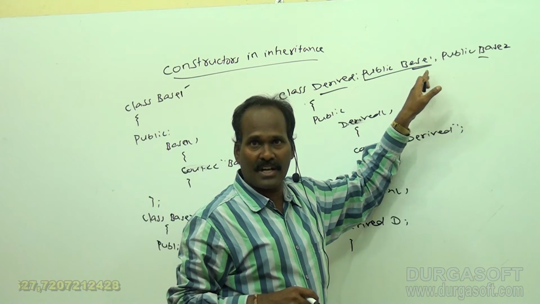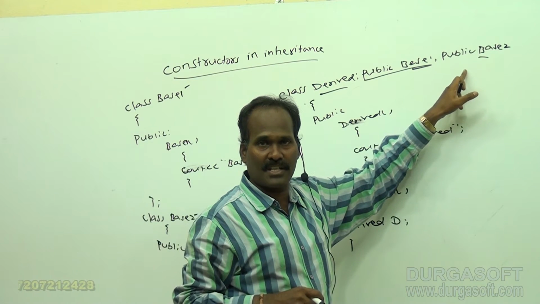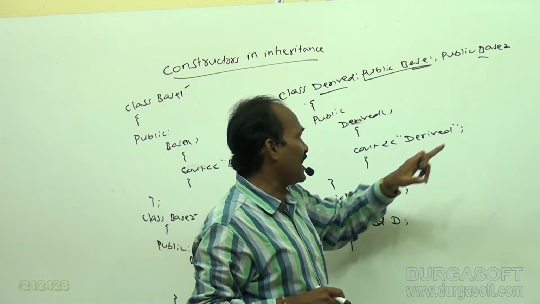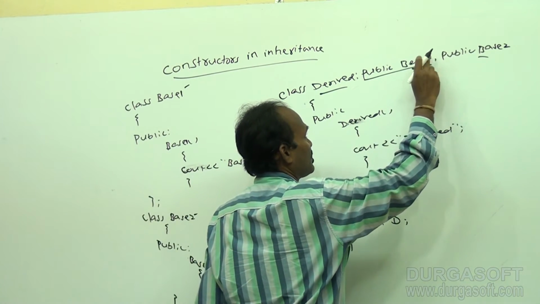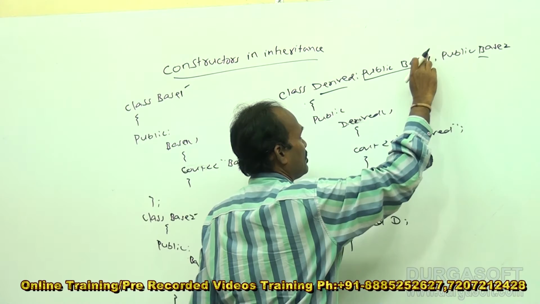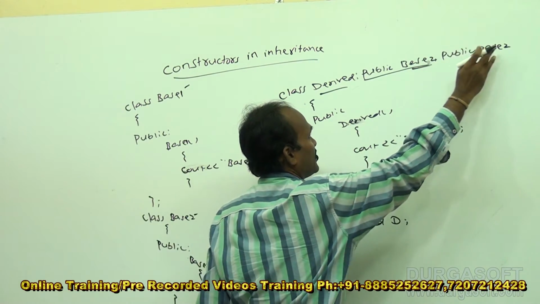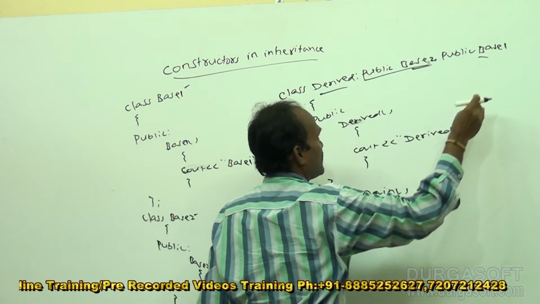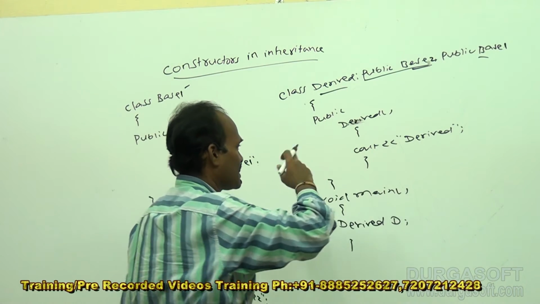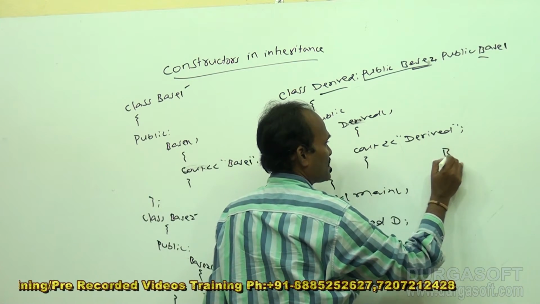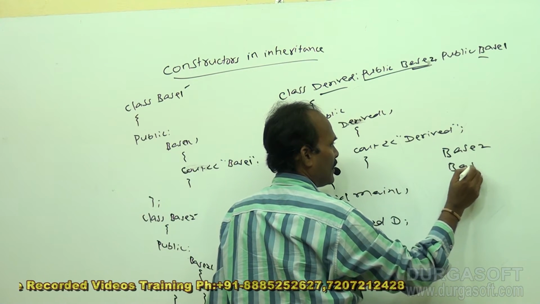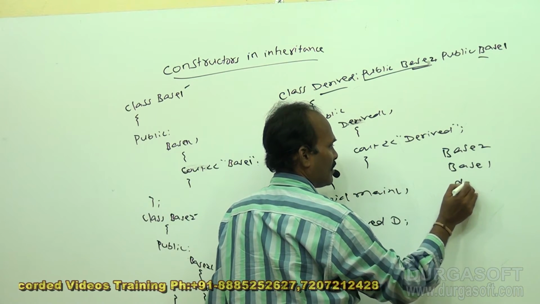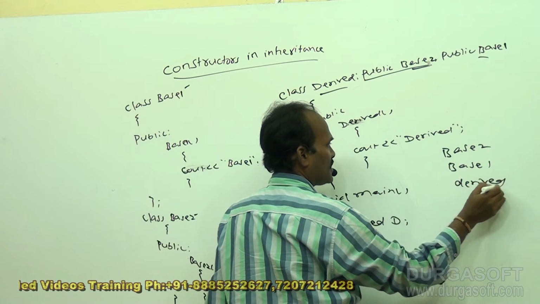So the base 1 constructor is executed first, the base 2 constructor next. Suppose this is base 2 and this is base 1. In such a case the order of the constructors is displayed like this: first base 2, base 1 and derived. Like this the output is displayed.